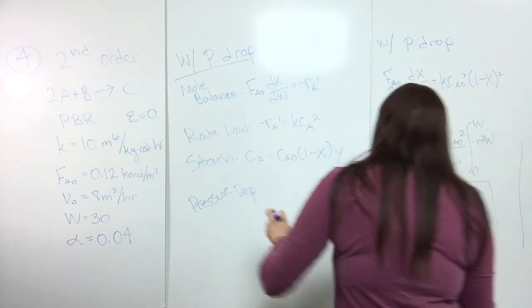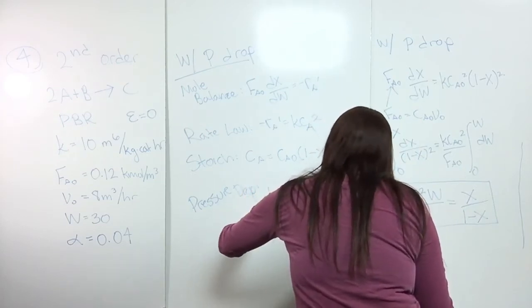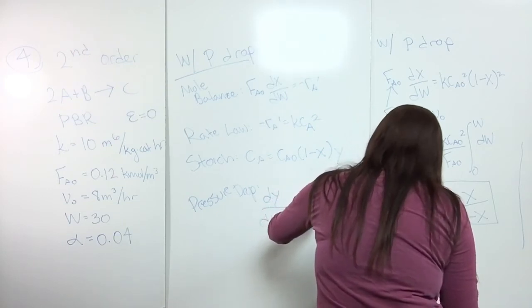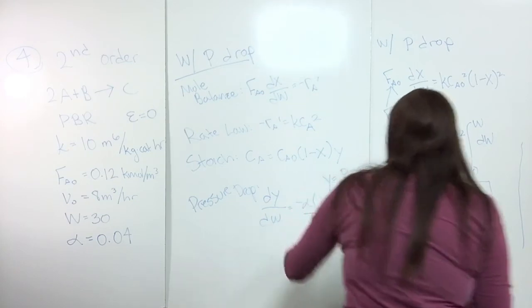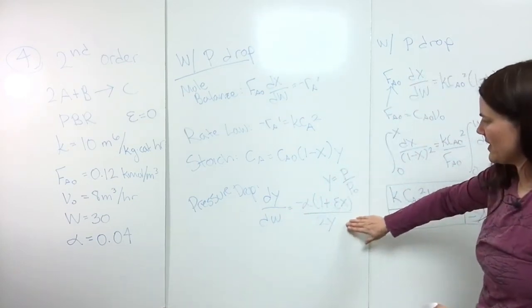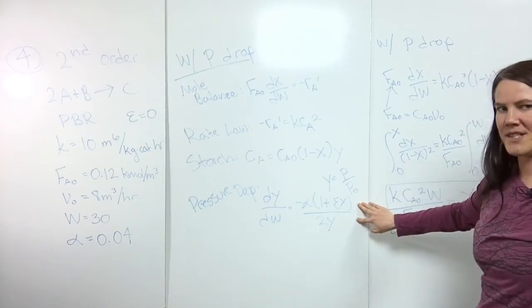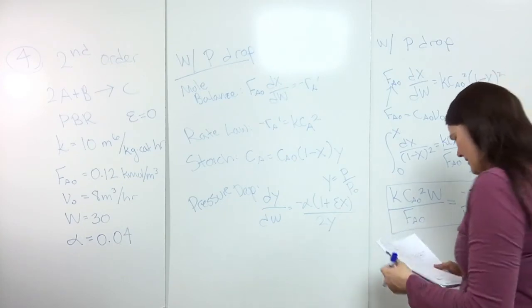And then we also need to write the equation for a pressure drop, which is dy dw is equal to minus alpha times 1 plus epsilon x over 2y. And also, if you're confused about where this equation came from, then go back and watch that pressure drop video, because I went over it in pretty good detail.